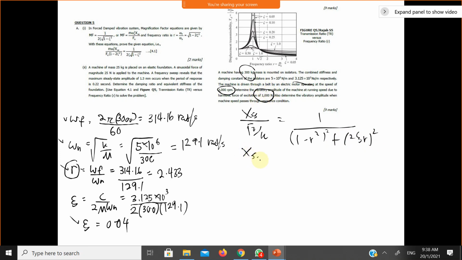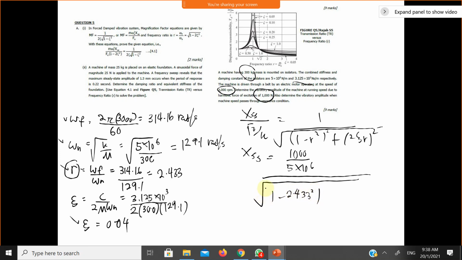So XSS equals 1000 divided by K, which is 5 times 10 to the power of 6, over the square root of (1 minus 2.433 squared) squared plus (2 times 0.04 times 2.433) squared.